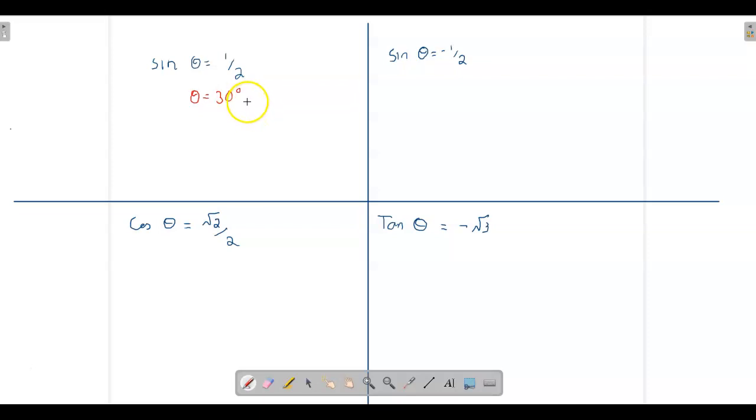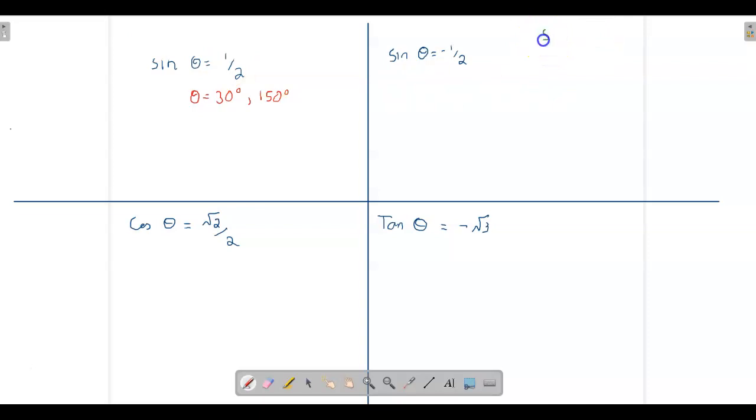But more than that, I know there's two angles for sine, two answers, and the other answer is 180 minus 30 degrees. So how does that work if the sine is negative a half? Well, what I'm going to use is a reference angle of sine theta equals a half.